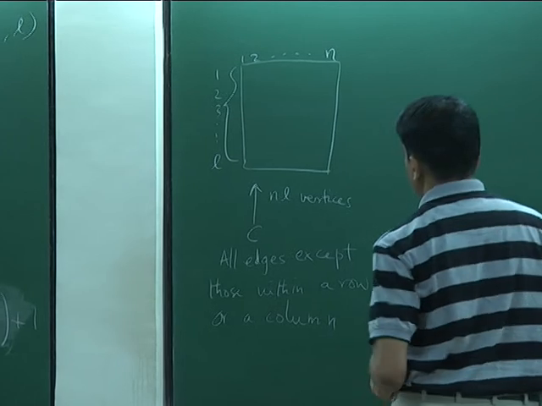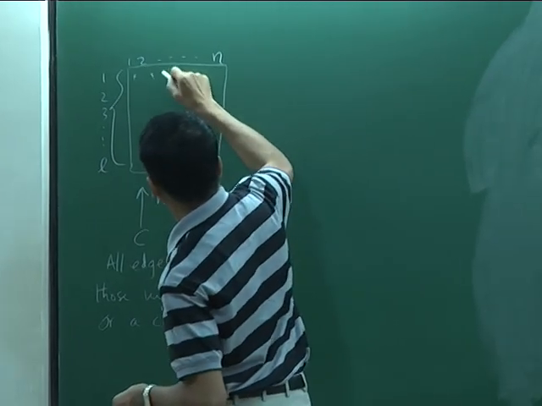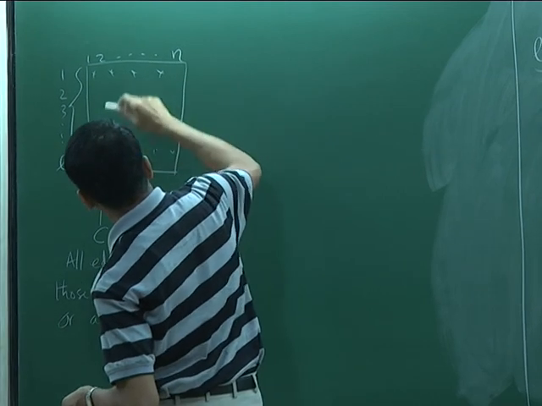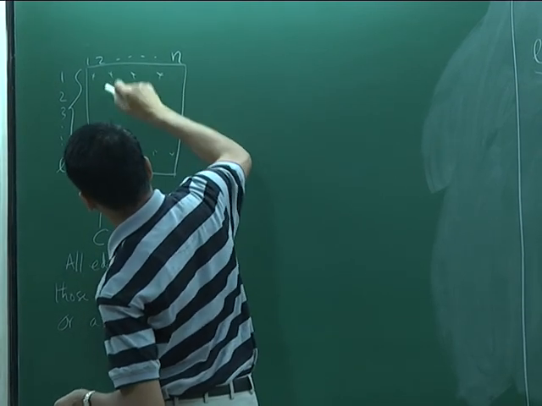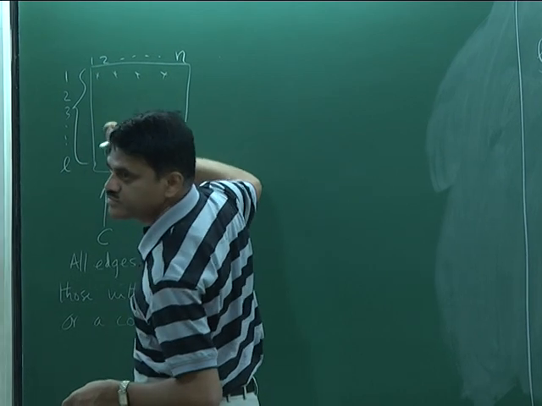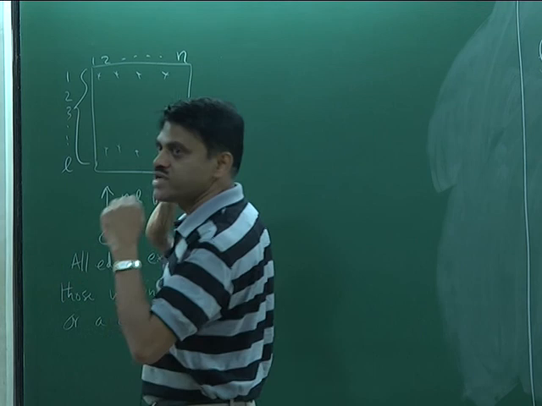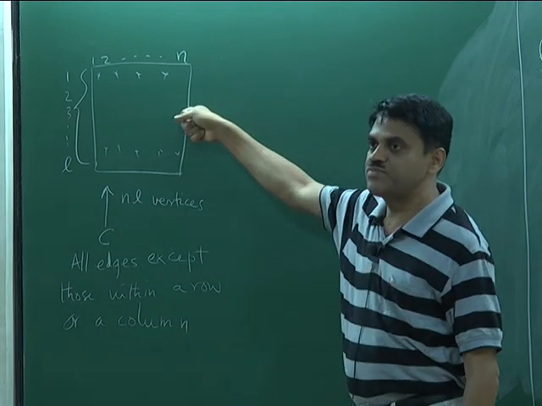So, there are NL vertices here, and if you have two vertices in the same column, I am not going to add an edge. Similarly, if there are two vertices in the same row, I am not going to add an edge, every other edge is there. What is the max clique size possible here?